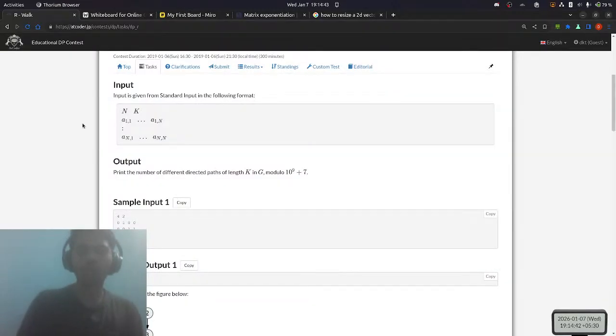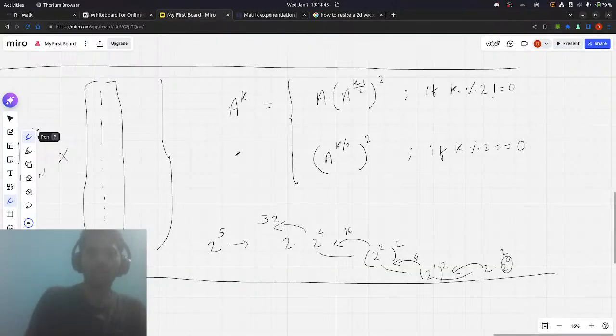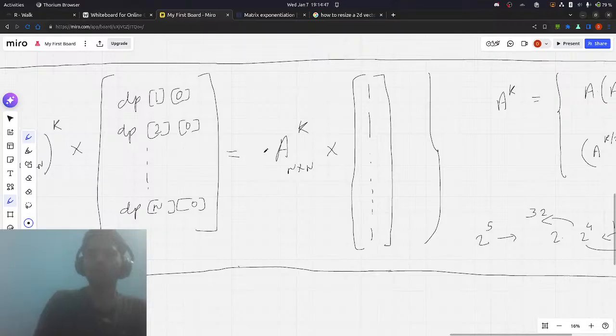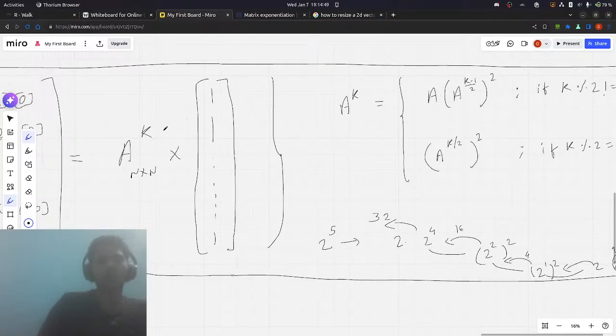Once we calculate a to the power k, we will be multiplying it with this n cross 1 matrix. So the entire row will be multiplied with this column. Essentially we are just adding these row values.